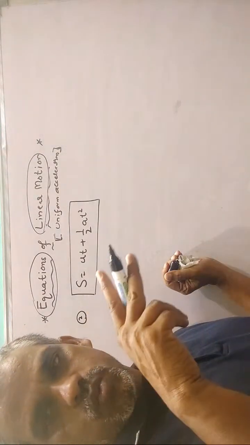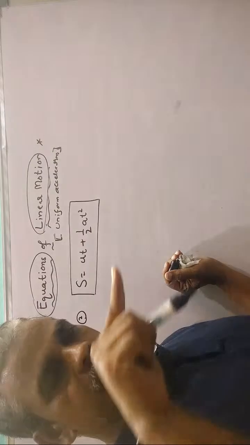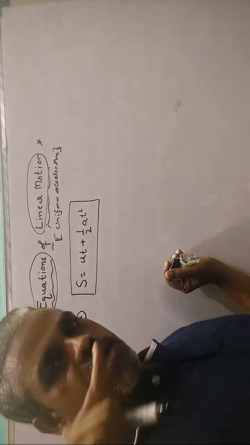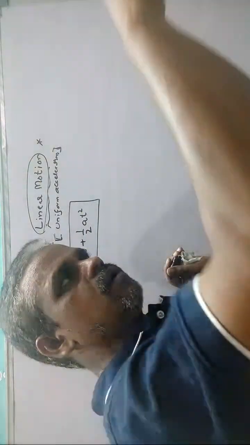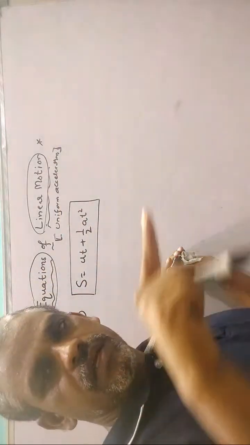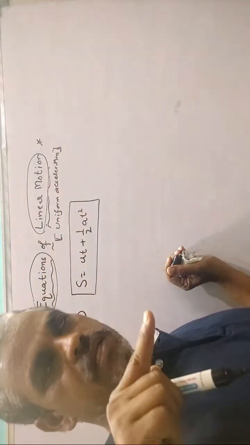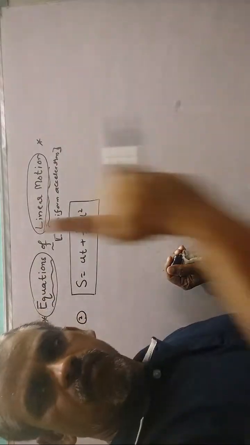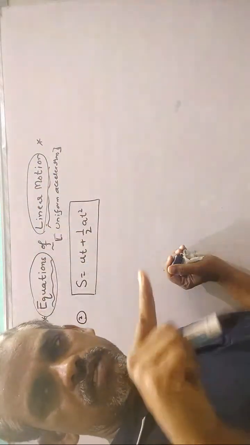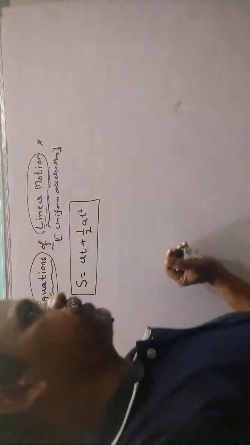These two equations we can apply only to linear motion. The body has to move in one line of motion, linearly along the x-axis or along the y-axis. Only single, one dimensional motion.